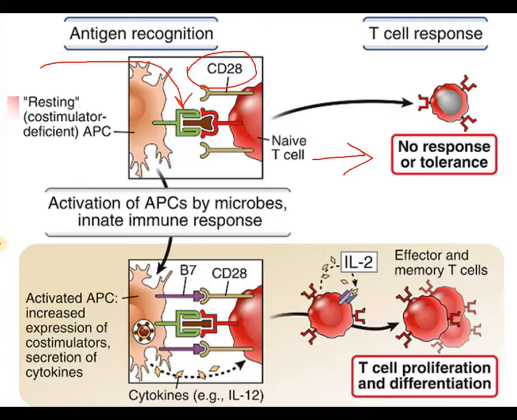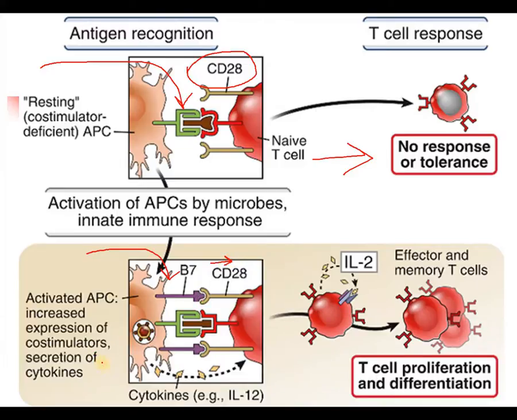antigen recognition. In contrast, to fully activate the T cell, if the antigen presenting cell is activated by microbes or other things from the innate immune response, then you will get increased expression of B7, which will bind to the CD28 molecule on the T cell.